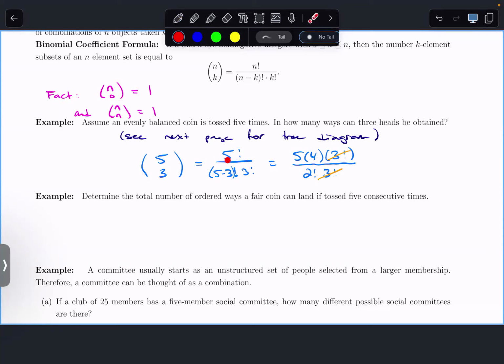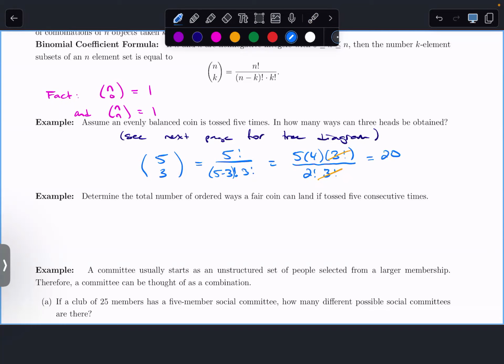I've expanded the 5 factorial to be 5 times 4, and then I just lumped up 3 times 2 times 1 into 3 factorial so I could cancel them. Sneaky, right? But then I'm left with 5 times 4, which is 20, divided by 2 factorial, which is 2 times 1, which is 2.